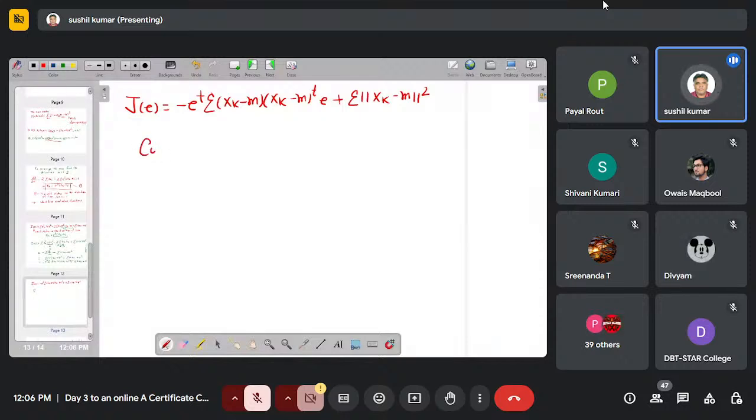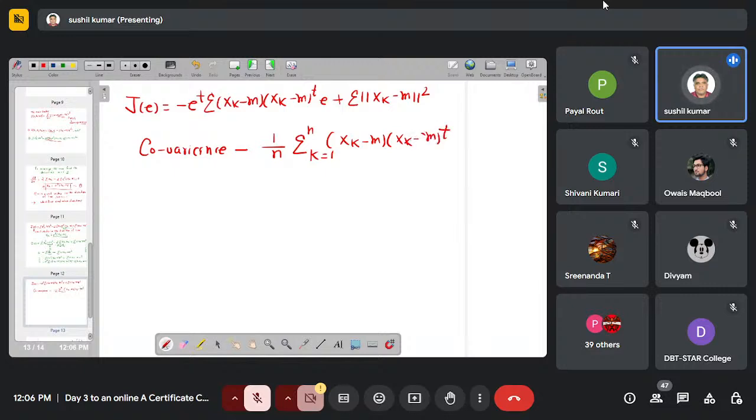And when I started this lecture, at that time I told you about the covariance matrix, and the formula was 1 divided by n, sum from k equal to 1 to n, of (x_k minus m) and (x_k minus m) transpose.